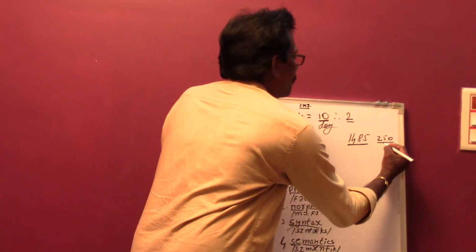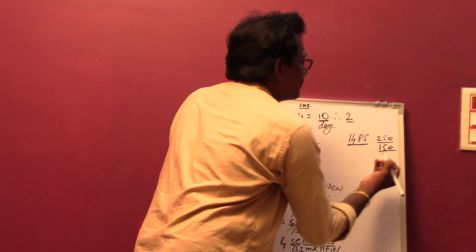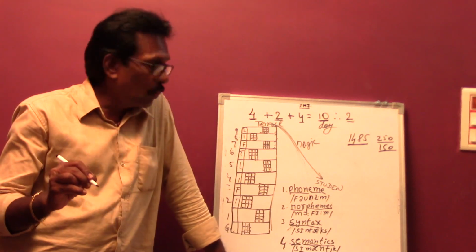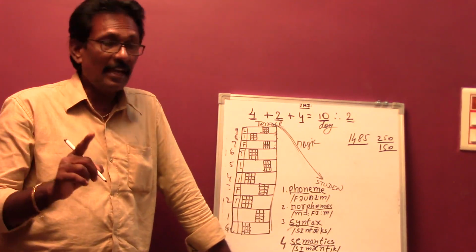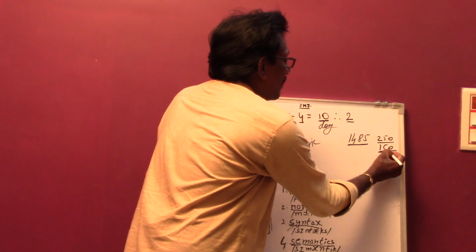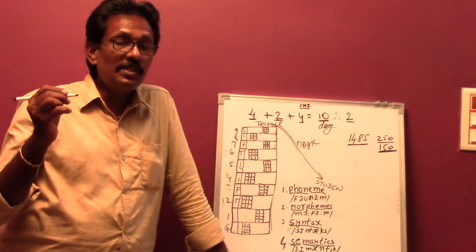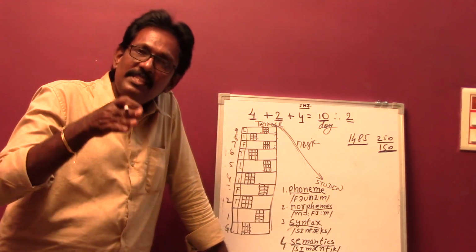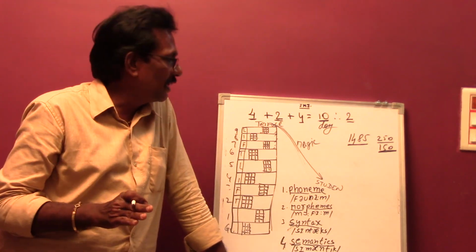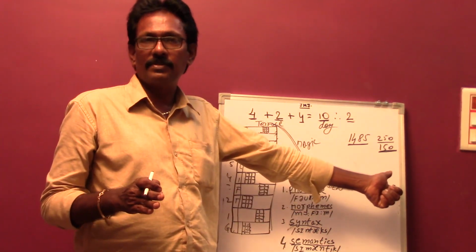The second time, for 150 years, Scandinavians ruled over the British. At that time, they spoke the Scandinavian language. Some scholars felt that it was easier for them to speak the Scandinavian language.